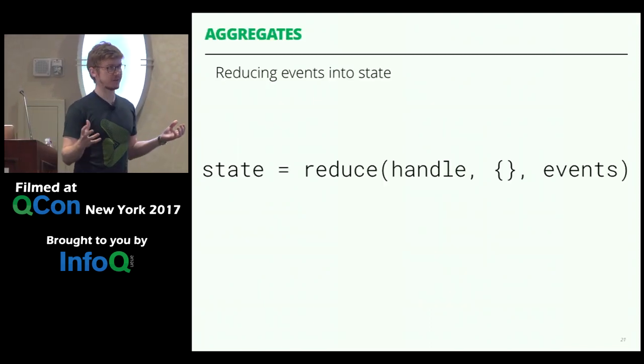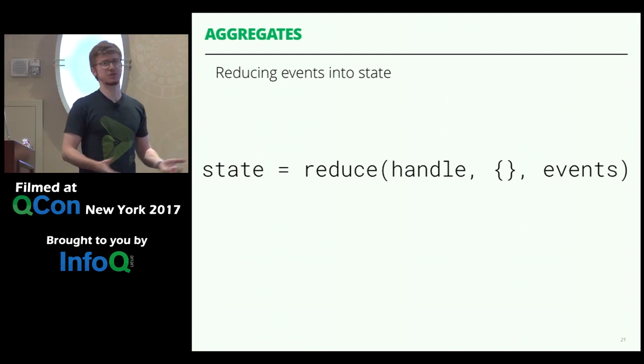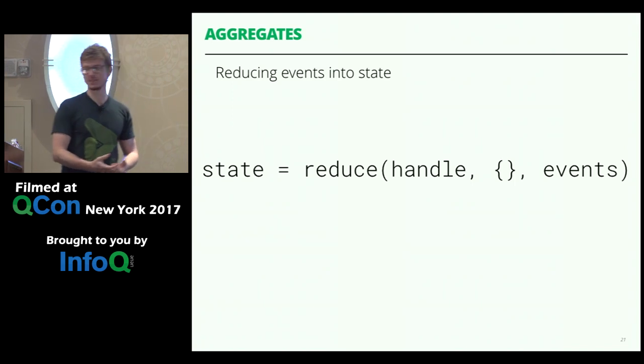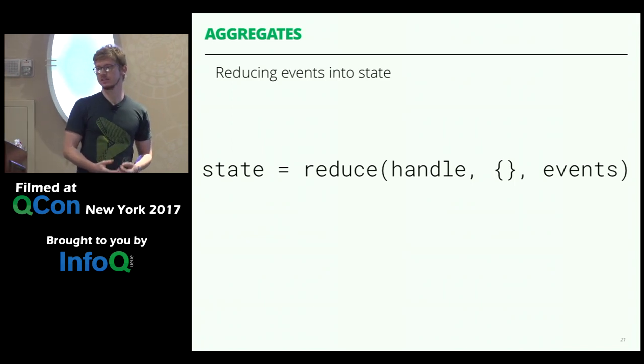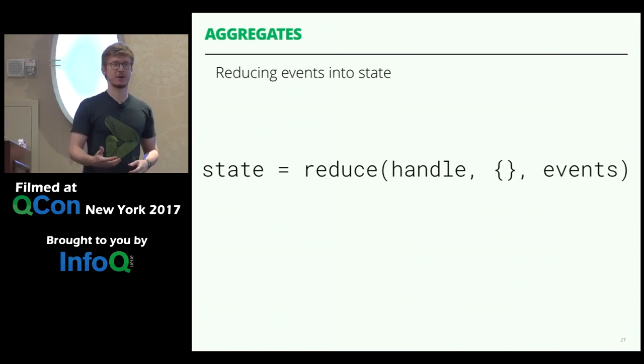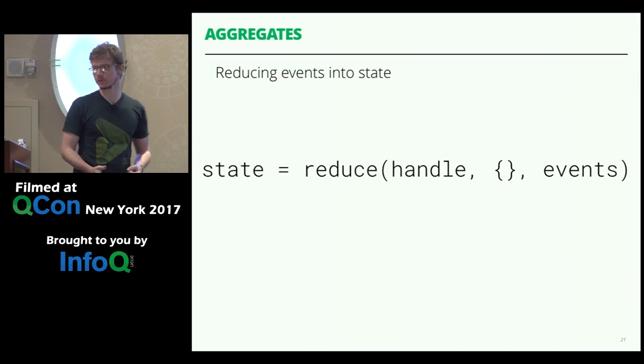So once we have an event store full of events, for us to do anything meaningful with the application, we need to be able to rebuild the current state. And that's done using the aggregates. Aggregates are a concept from domain-driven design, which play a very important role in event sourcing.